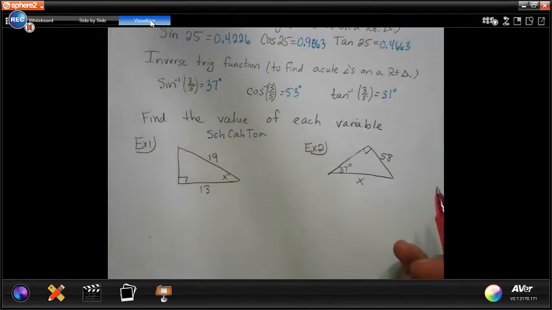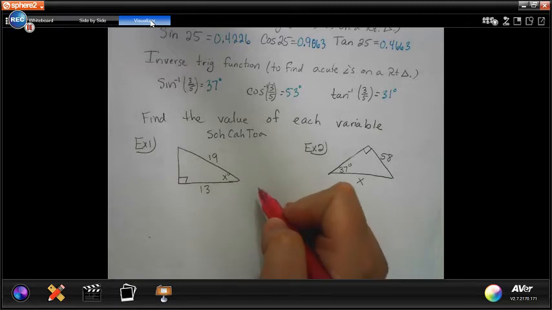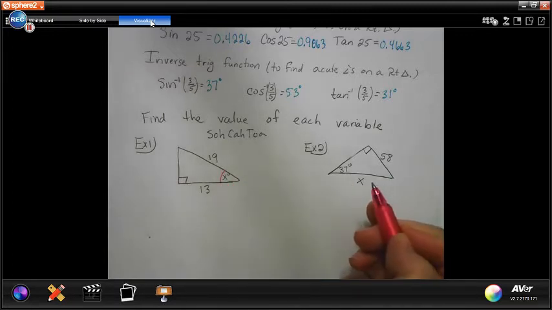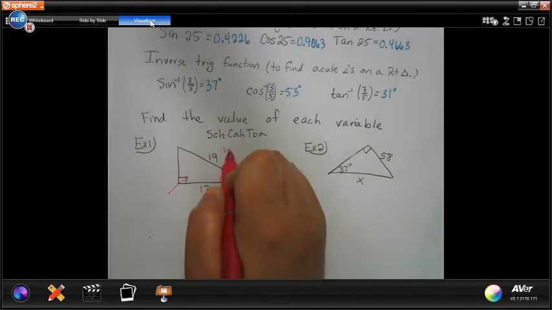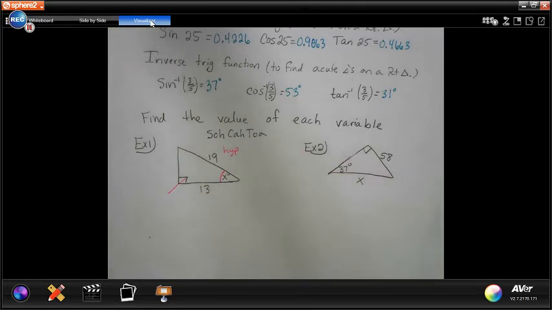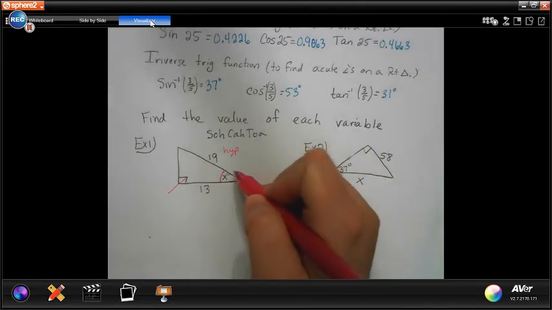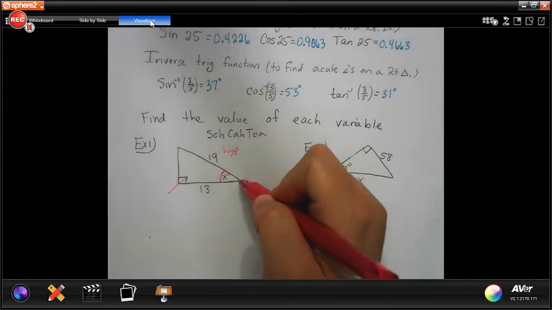Once you have the viewpoints, your viewpoint is wherever your angle is labeled. So in this case, my viewpoint is right here. The right angle always points to the hypotenuse, but we have to label our O's and our A's, our opposite and adjacent, based off our viewpoint. So we're standing here at angle X. That is our viewpoint.